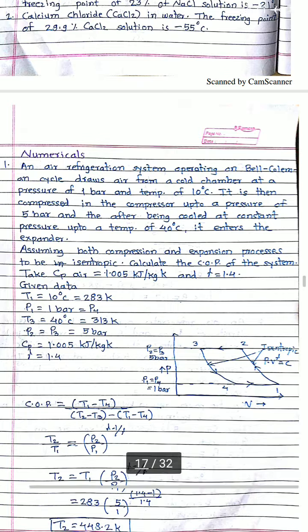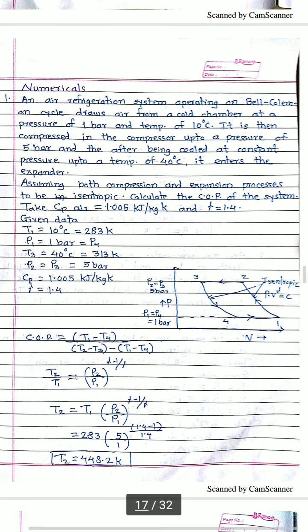Now the first numerical, please read this numerical. An air refrigeration system operating on a Bell Coleman cycle draws air from a cold chamber at a pressure of 1 bar and temperature of 10 degrees Celsius.